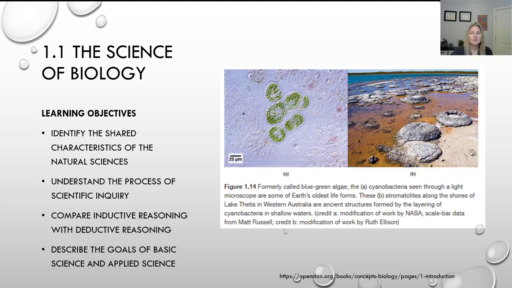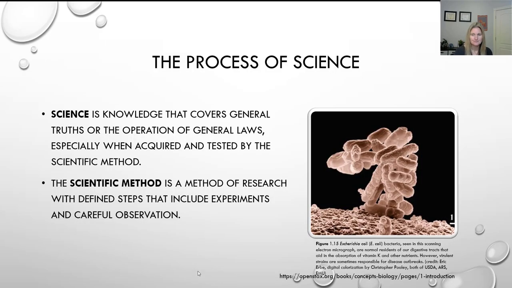When we're getting into the science of biology, we need to understand, well, what is science? Science is knowledge that covers general truths or the operation of general laws, especially when acquired and tested by the scientific method.